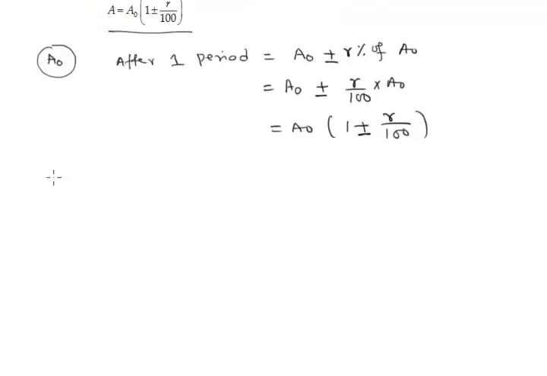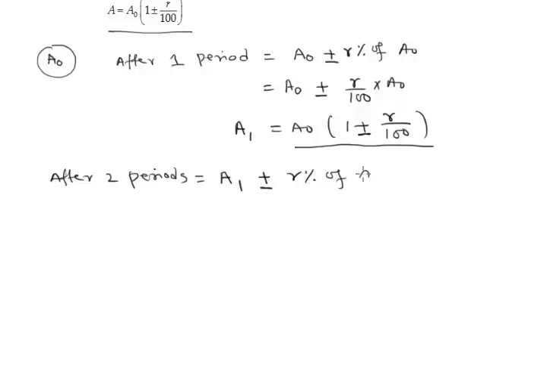Then after two such periods, during the second period, this is the initial quantity, and R% will increase or decrease based on this. Let us call it A1. After two periods, it will be A1 plus for growth, minus for decay, R% of this A1.